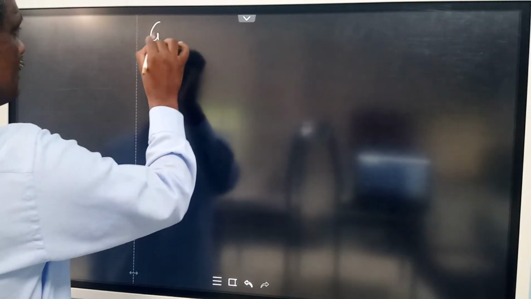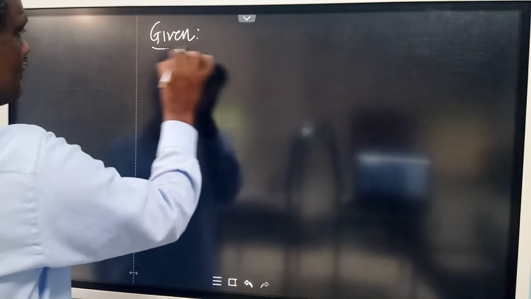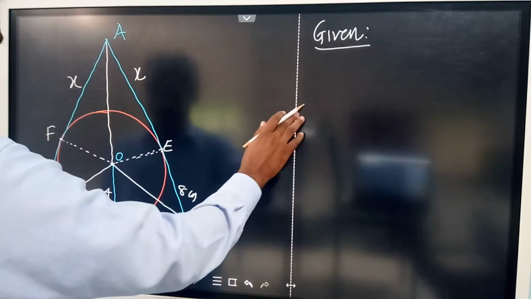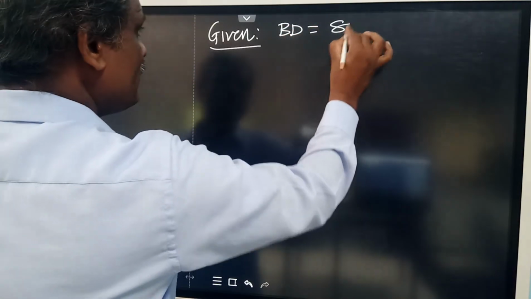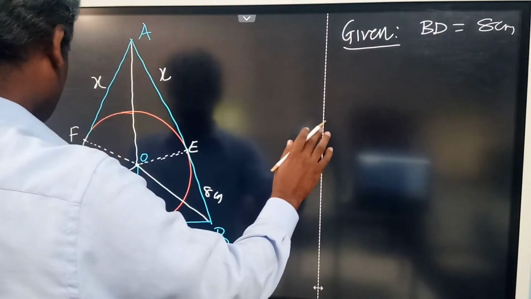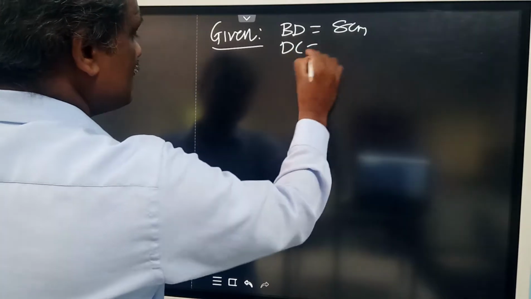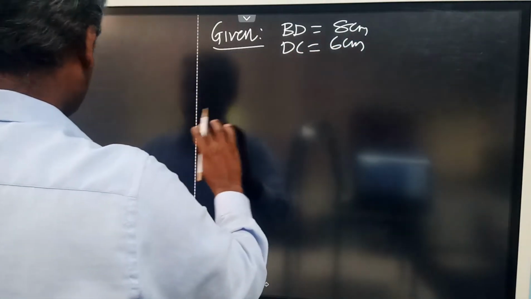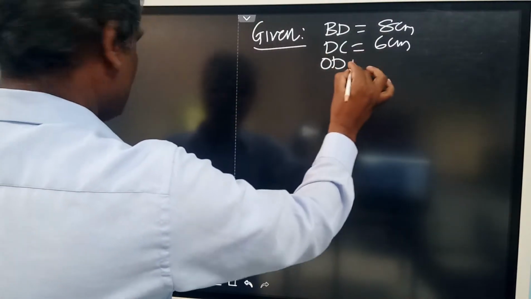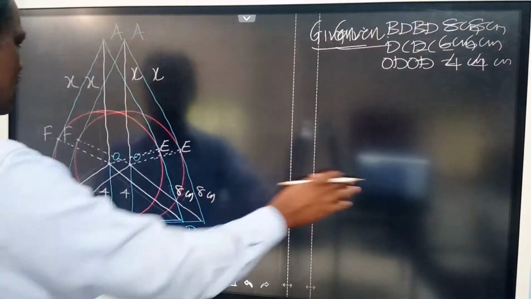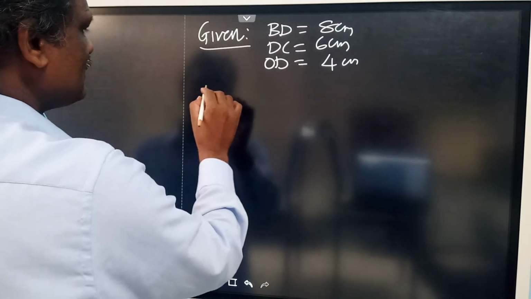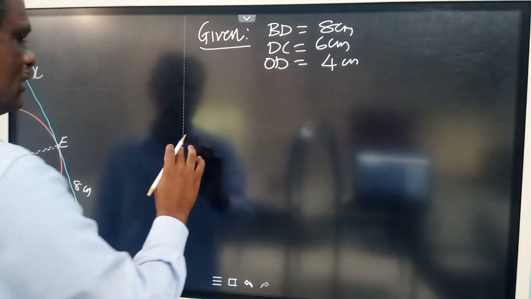Let us write what is given. Here BD is equal to 8 centimeter, DC is equal to 6 centimeter, OD radius is equal to 4 centimeter.